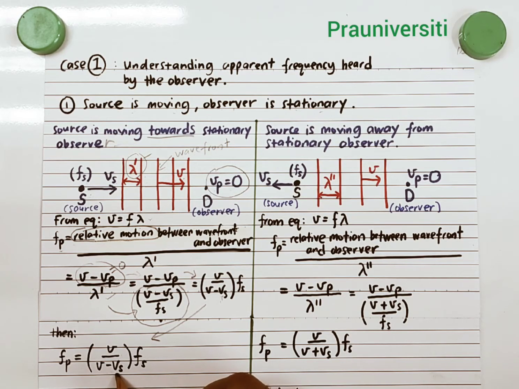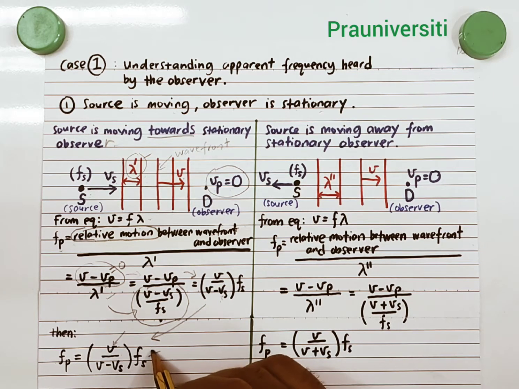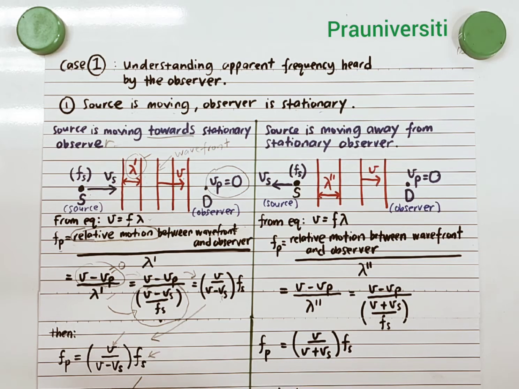Vs is the speed of the source, V is the speed of the sound wavefront, and Fs is the real, original frequency from the source. The conclusion is that Fp, the apparent frequency heard by the observer, is higher compared to the original frequency. That's the first case.